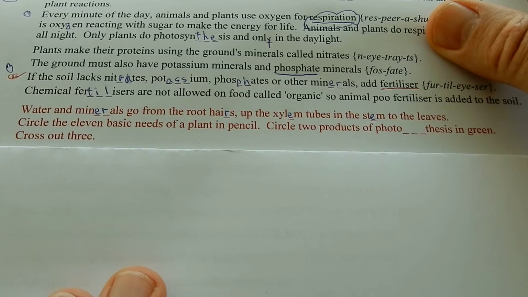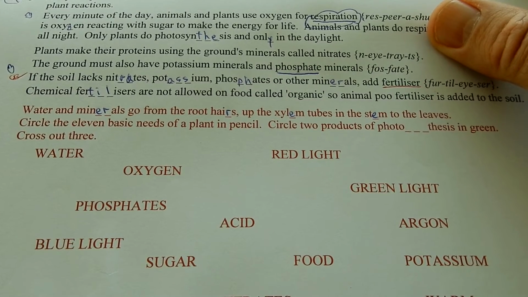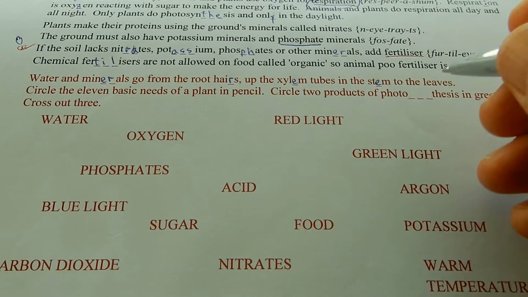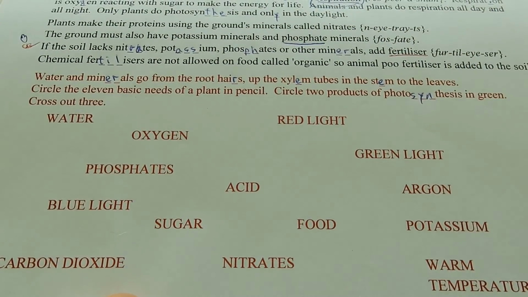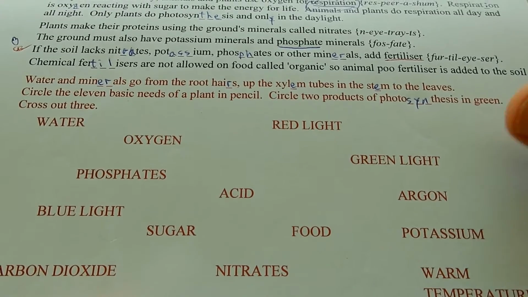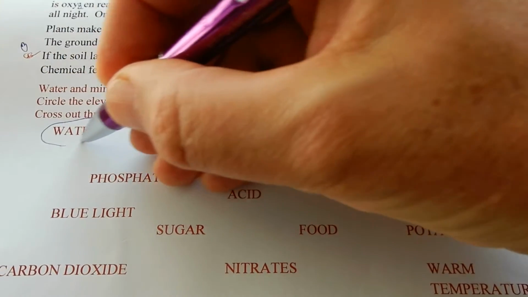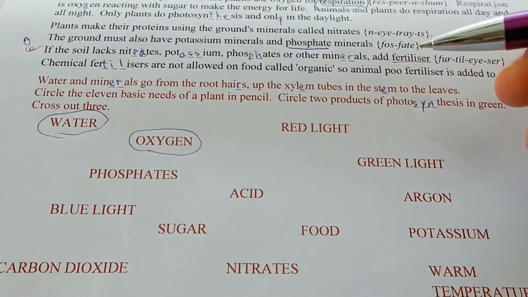Circle the 11 basic needs of a plant in pencil. Oh, I haven't got a pencil. I'll do it in pen. Circle 2 products of photosynthesis in green. Cross out 3. Hold on. Right, okay. Water. Yes, plants need water. Oxygen, yes, they've got to do respiration.